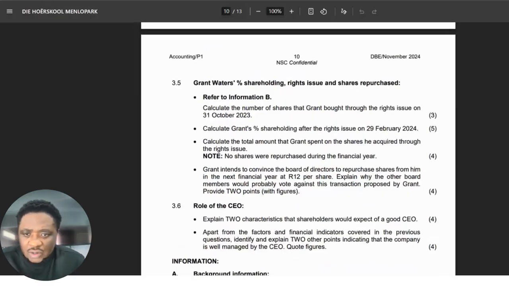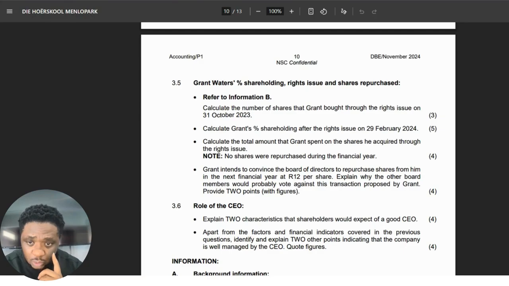So it says Groundwater's percentage shareholding, rights issue, and the shares repurchased. The first information says that we need to refer to information B, and calculate the number of shares that Grant bought due to the rights issue on 31 October 2023.